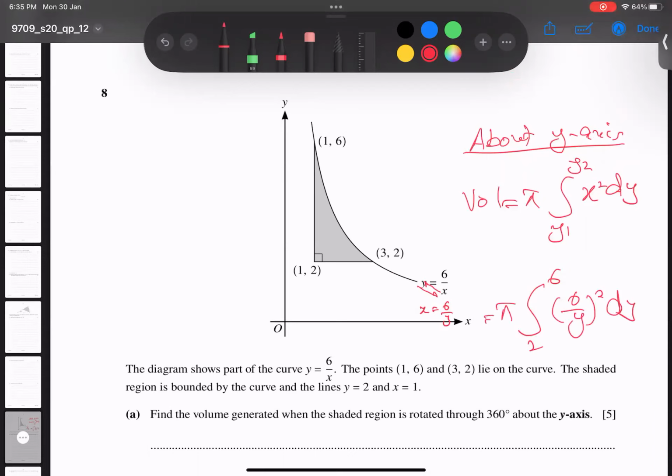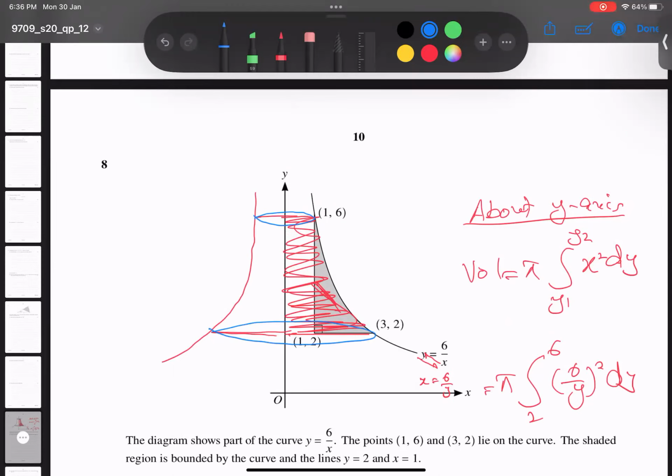Why, sir? Because when I take the limits here, it will give me the volume of the whole shape. Like this part, if I rotate it, look, I show the image of this. If I draw the reflection like this, and I show you the blue kind of boundary, look at it, we get a three-dimensional shape, a kind of cylindrical shape.